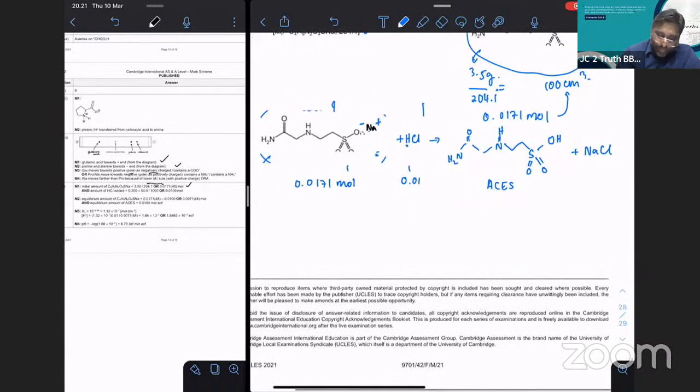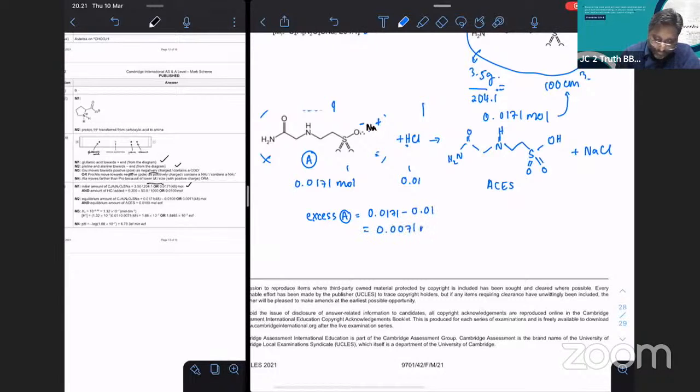Let's call this molecule A. Excess A is 0.0171 minus 0.01, which is 0.0071 mole. That is extra.